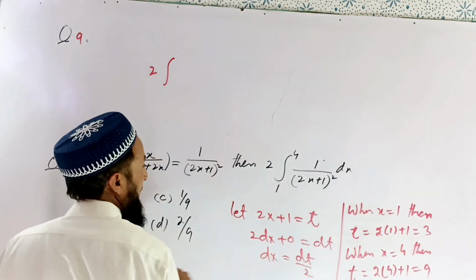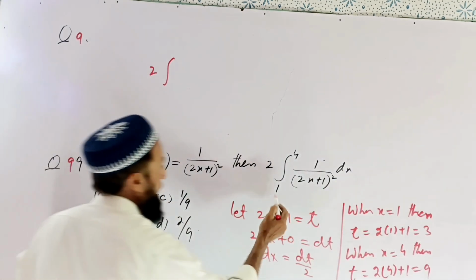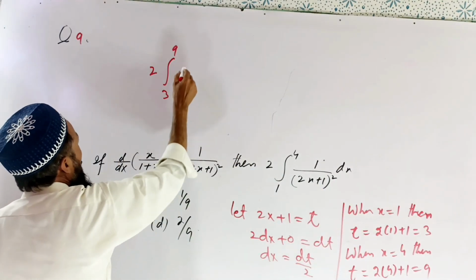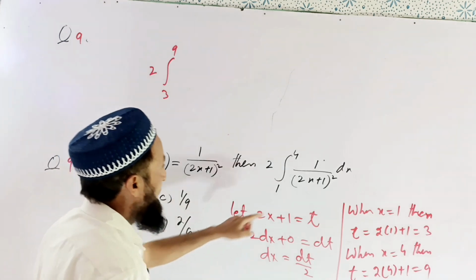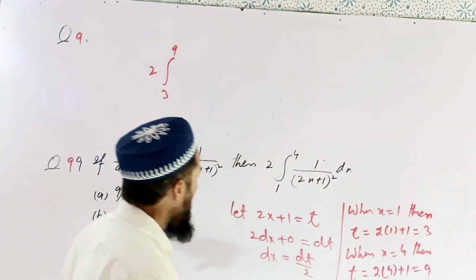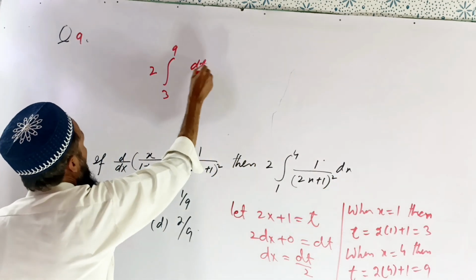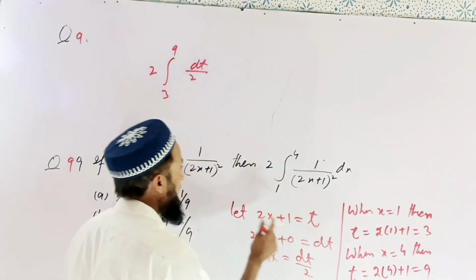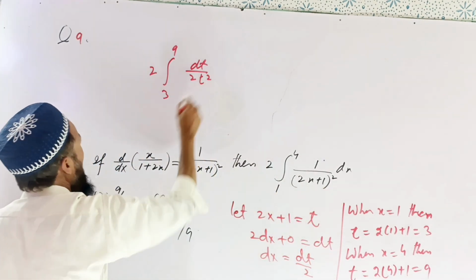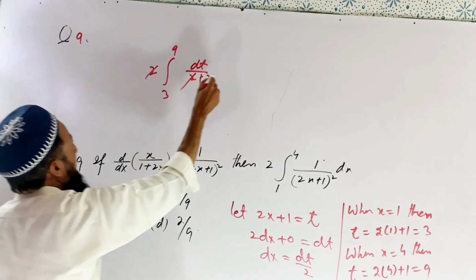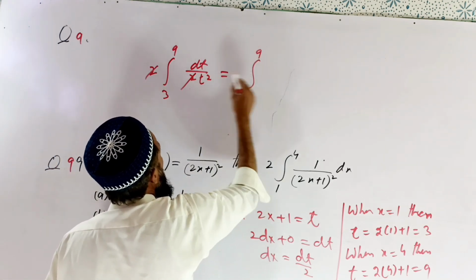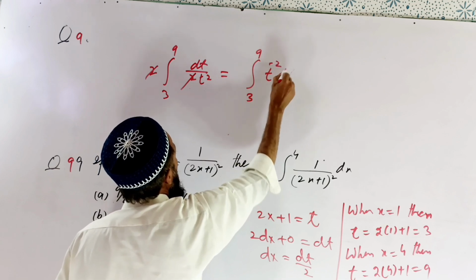So we put limits 3 and 9, and in place of dx we put dt divided by 2, and in place of (2x plus 1) square we get t square. So the 2s are cancelled, and we can write integration from 3 to 9 of t^(-2) dt.